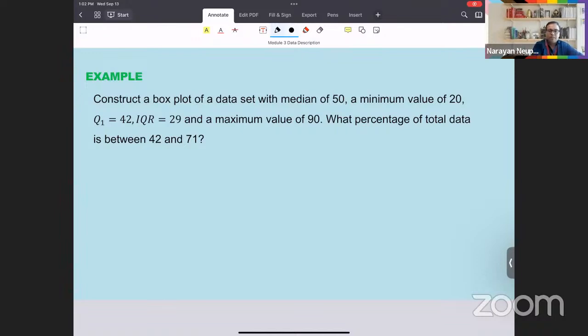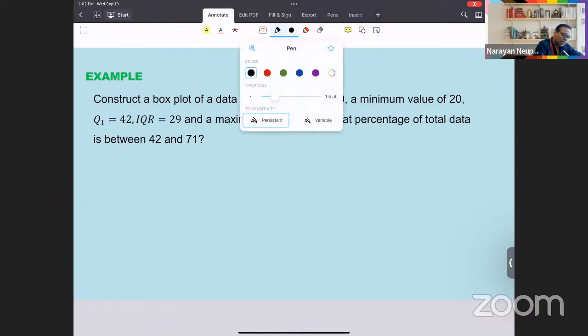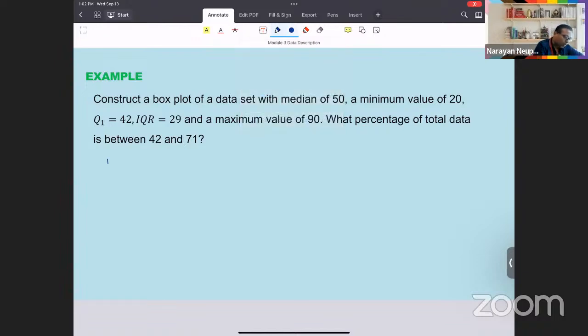So let's see whether they have given all 5 values or not. What we want is the minimum, Q1, median, Q3, and maximum. These are the values we want. Let's see if we have all these values given or not. So here they said median is 50.